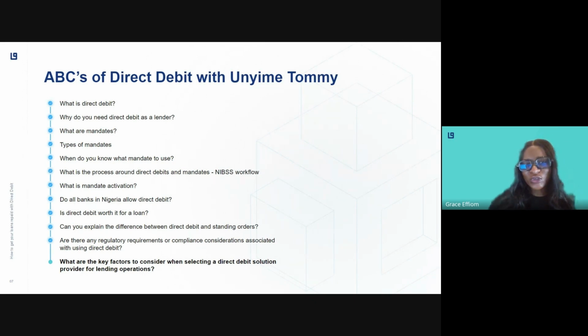Okay, so I'm going to talk through some of the additional scenarios and additional things that have to do with direct debits that lenders might be interested in, and also to make it feel safe in using direct debits, because beyond the benefits of it, there is also how safe my customers' information is when I'm using all of this technology, when I'm using all of this solution.